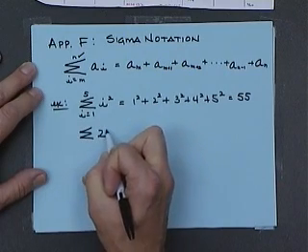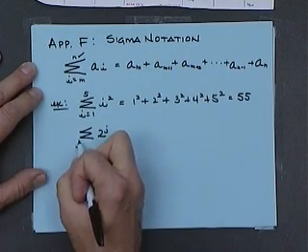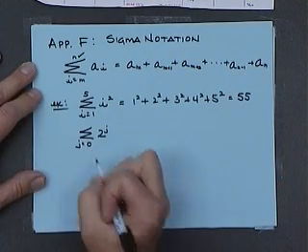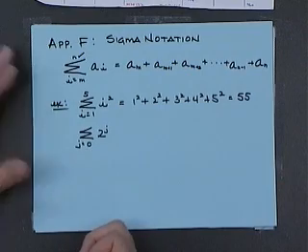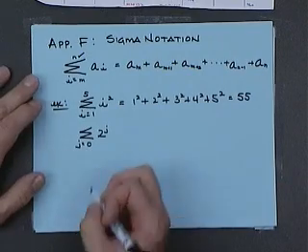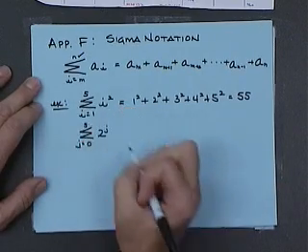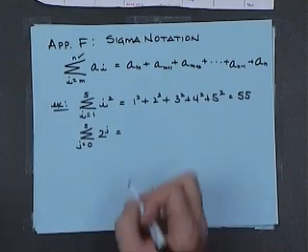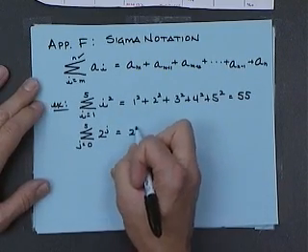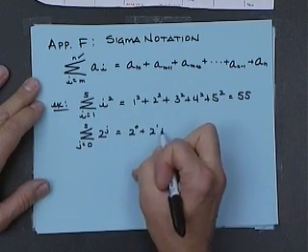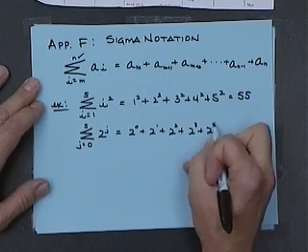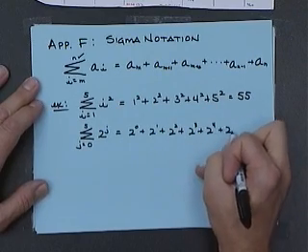Might look something like this. The index of summation might be something else other than i. So 2 to the j power, let's say we started at 0. Don't see that as often, but it is possible. So what's an expansion of that look like? 2 to the 0, 2 to the 1, 2 to the 2, and we keep going with this until we get to 2 to the 5.